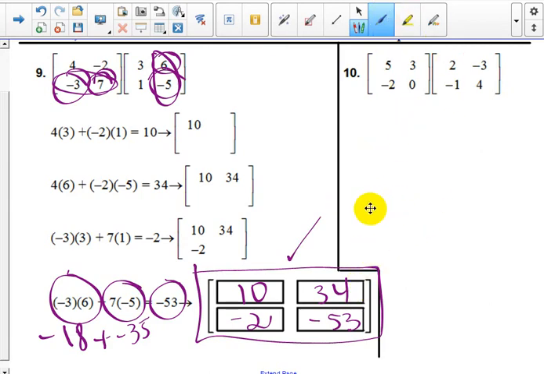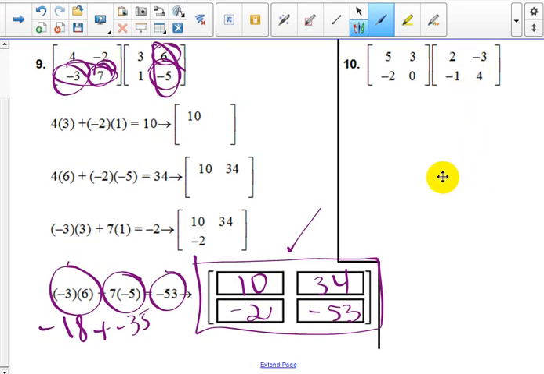Any questions? Okay, I'm going to give you, let's say 3 minutes here to do 10. If you can make it to 11 and 12, go for it.